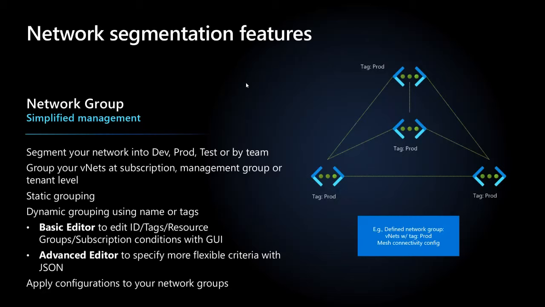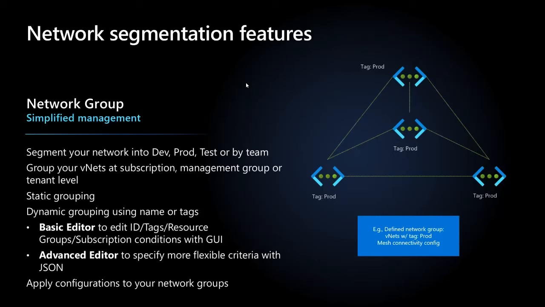And you can say, I want to apply a mesh connectivity configuration to this network group. Once you have that configuration applied and committed to Network Manager, those VNets in the production network group will be connected.